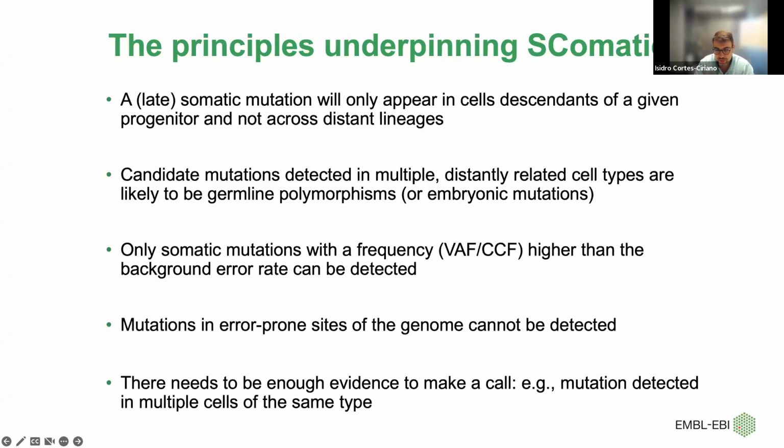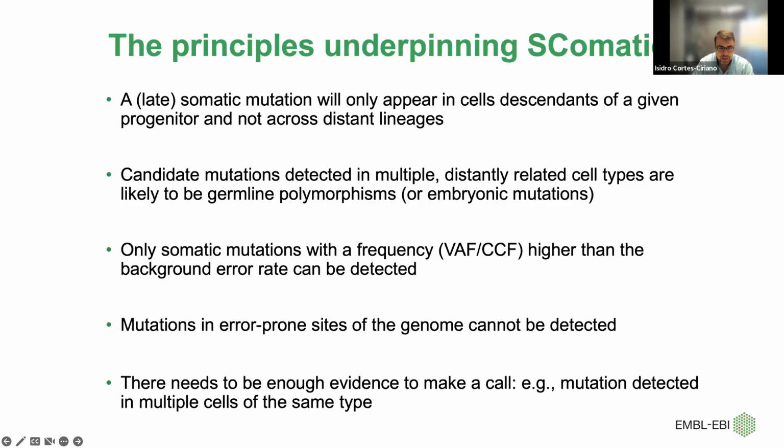It follows that if we find a candidate mutation that is detected in multiple and distantly related cell types, such as a T cell and a muscle cell, those are likely to be artifacts or germline polymorphisms, or perhaps embryonic mutations. Somatic mutations acquired very early can sometimes, in this context, be misclassified as germline. I will come back to this in the limitations section.